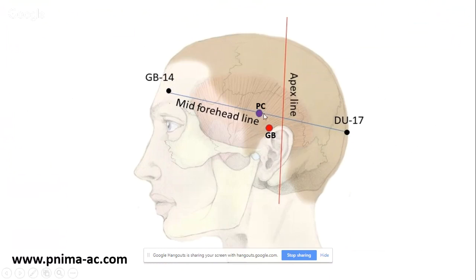That is the height where the point is located. At the same time, you want to take the apex line, which you can see here. The point is midway between the meeting point of the frontal hairline and the apex line, on that line drawn between gallbladder 14 to du 17.